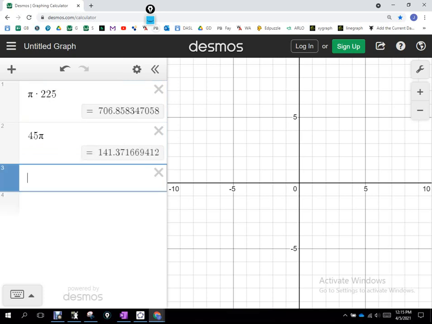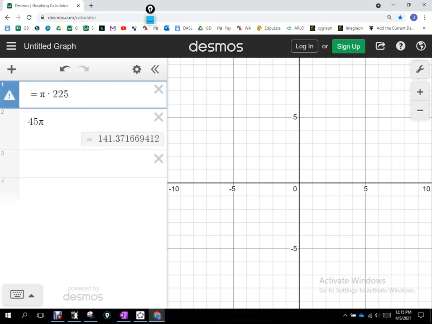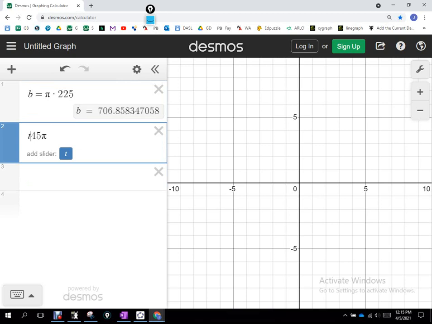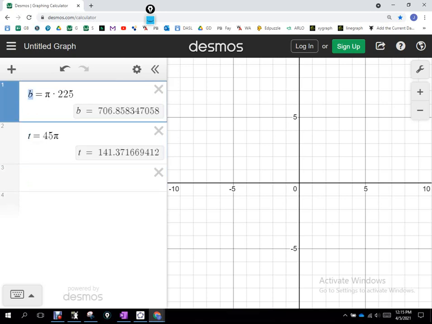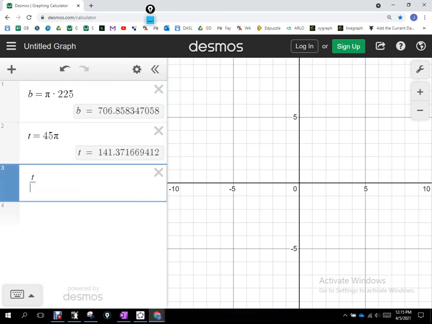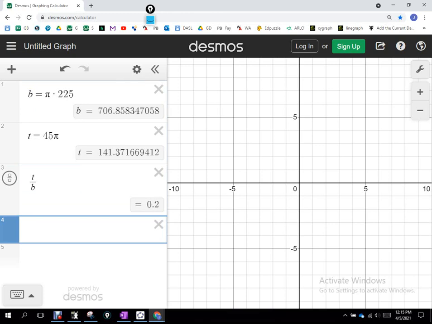Okay, if I take, so I'll call this B, and we'll call this T for top or numerator, bottom for denominator. If I take top divided by bottom, what number is that?